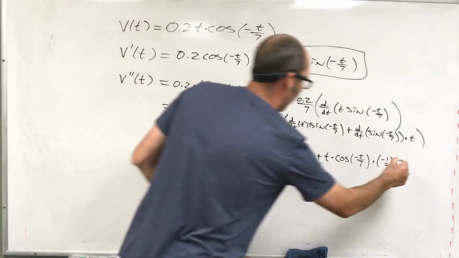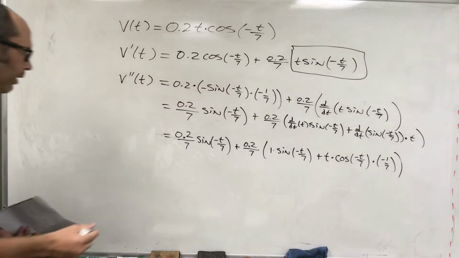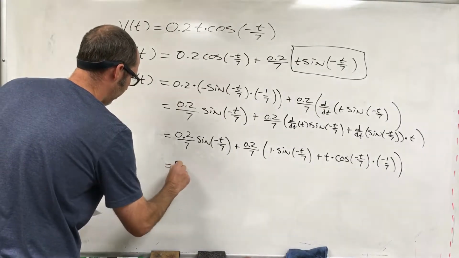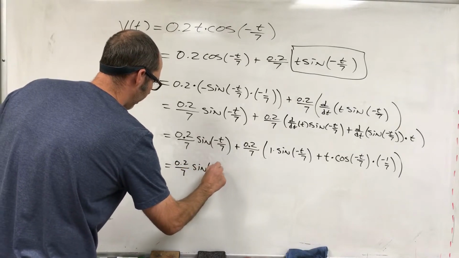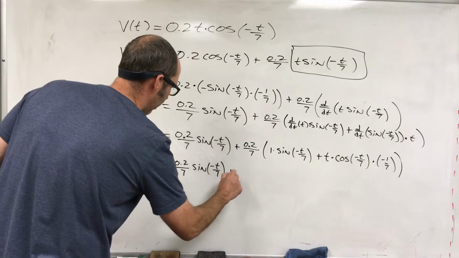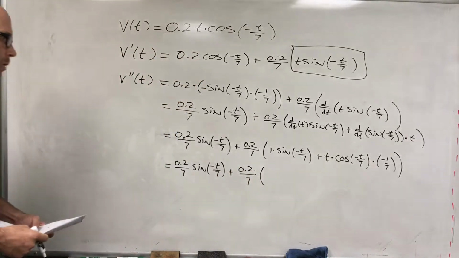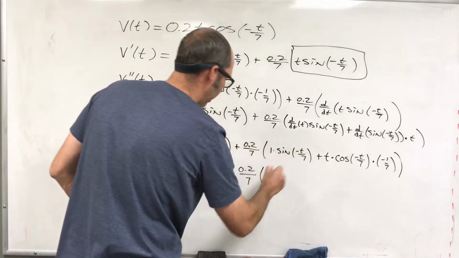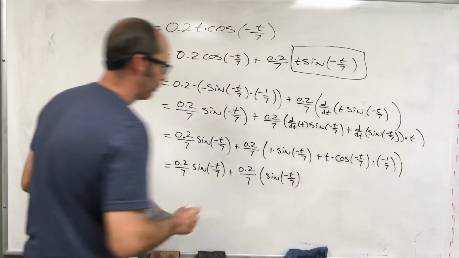Okay, whew. So 0.2 over 7 sine of negative t over 7 plus 0.2 over 7 out front. We've got sine of negative t over 7.